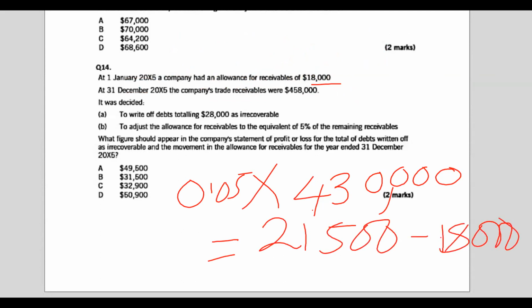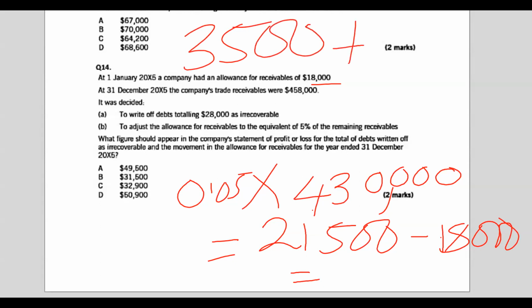What do we get? 3,500. 3,500 plus the bad debt. What do you remain with? 31,500.